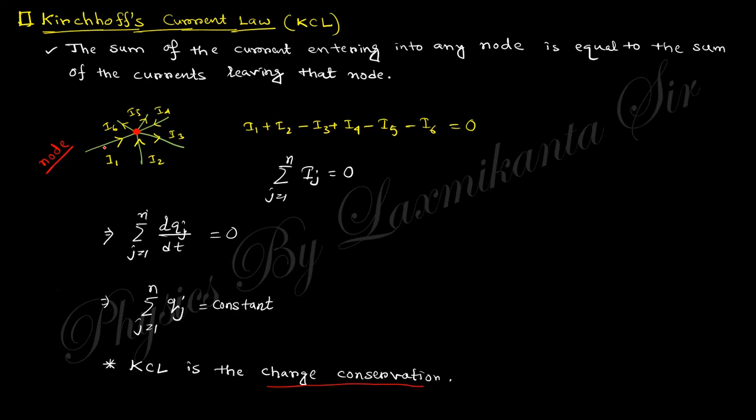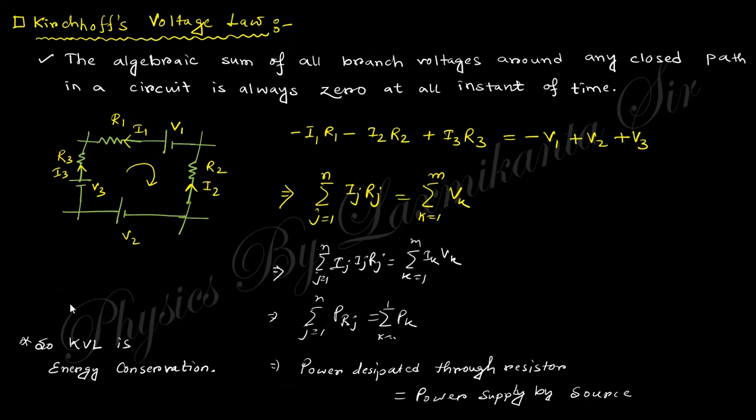That means the algebraic sum of the currents at any node must be 0, where incoming is positive and outgoing is negative. You can take the reverse also, no problem. So the total incoming current must equal the total outgoing current according to KCL. Clear?